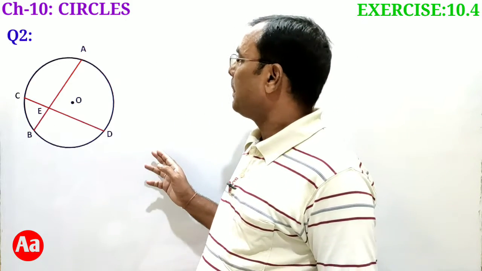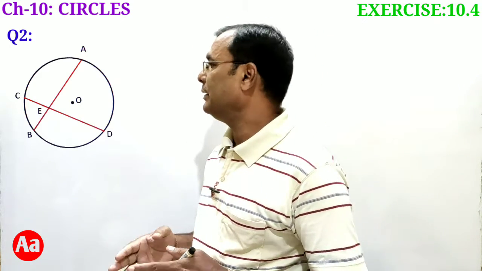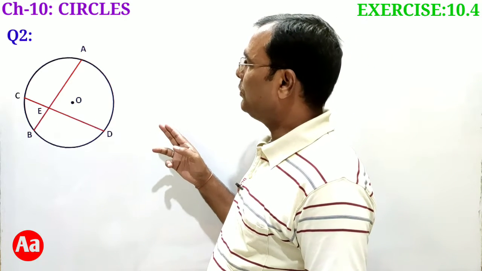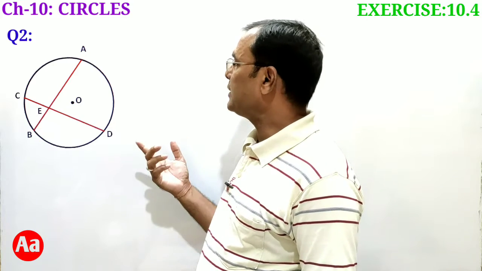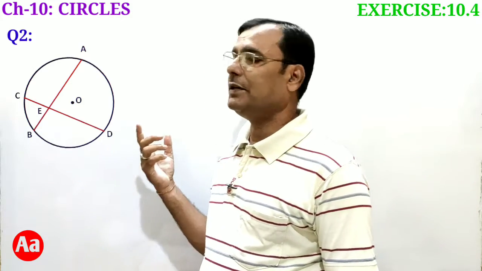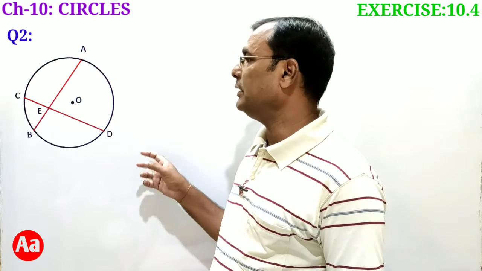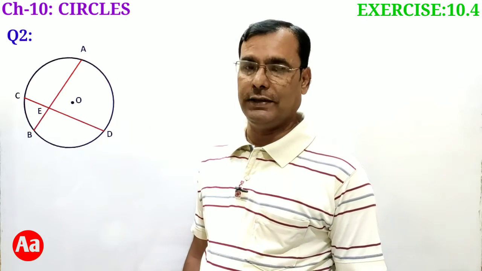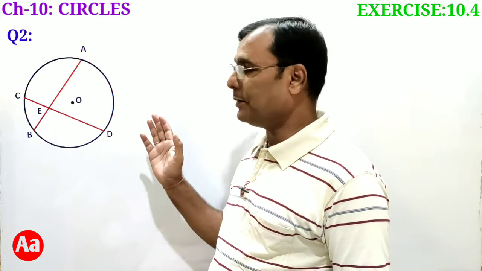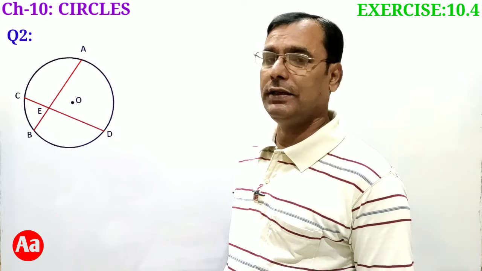In this figure, two equal chords AB and CD intersect within the circle at point E, and we have to prove that the segments of chord AB, AE and BE, are correspondingly equal to the segments of the chord CD, that is DE and CE. We have to prove that AE is equal to DE, and BE is equal to CE.